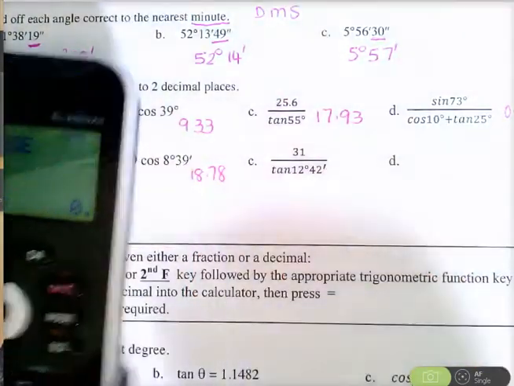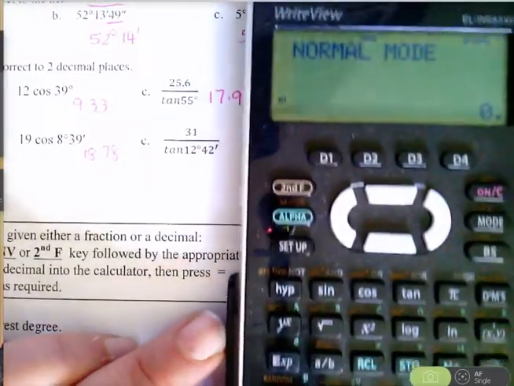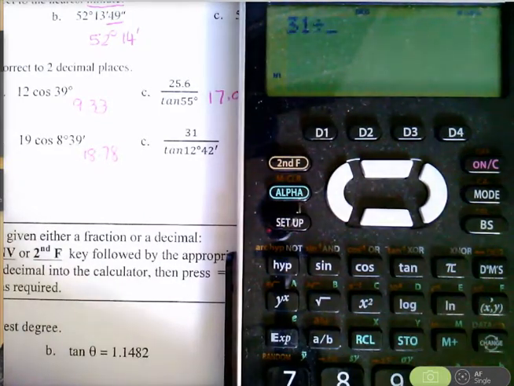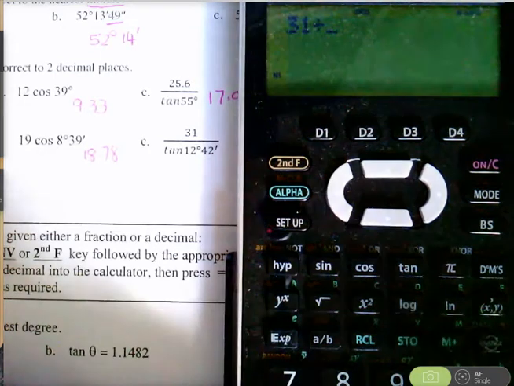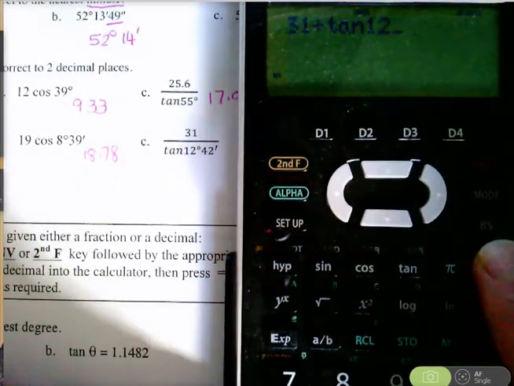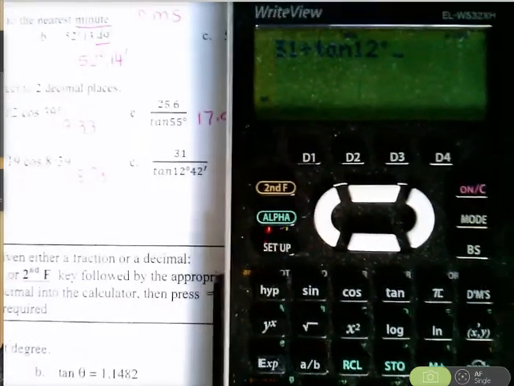Pressing cancel, the next one, 31 divided by. So you go 31 on your calculator, divide, and you can just go tan 12, you press the DMS button. Sorry, I don't think you can see it very clearly.